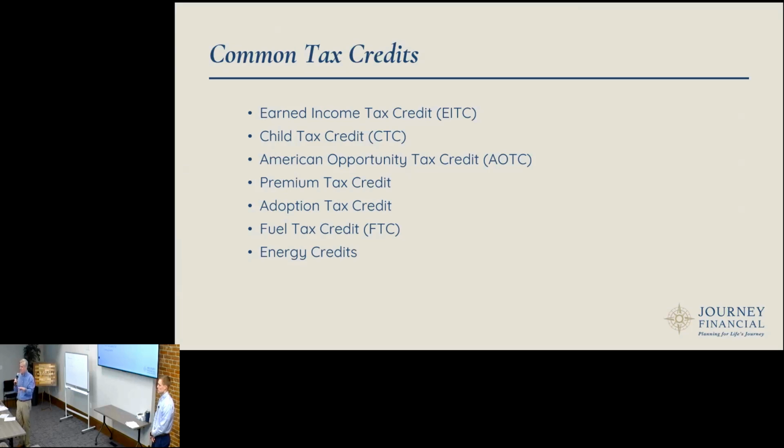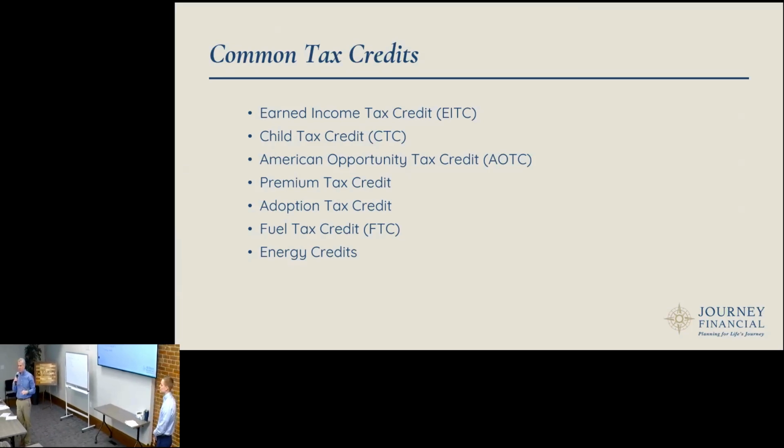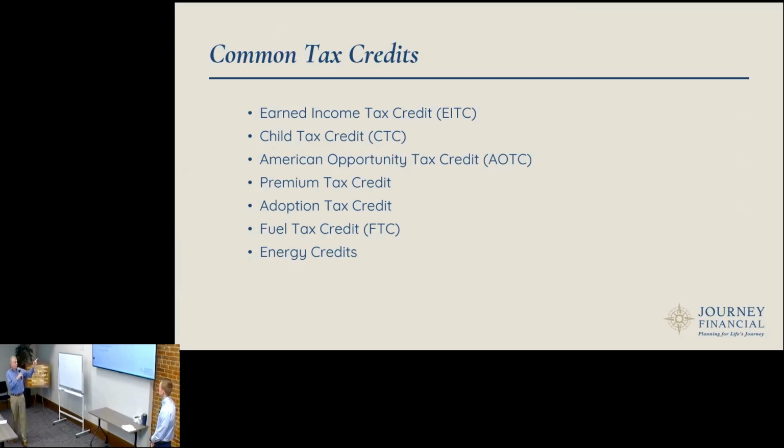Now, you've got to be a fairly low earner to get that. A non-refundable tax credit will just take your tax liability down to zero, and if it took it below zero, you don't get that money back. So a refundable tax credit would actually get you a tax refund on income tax that you never paid. Those top three are examples. The bottom three, premium tax credit, adoption tax credit, and fuel tax credit and energy credits, are non-refundable tax credits.